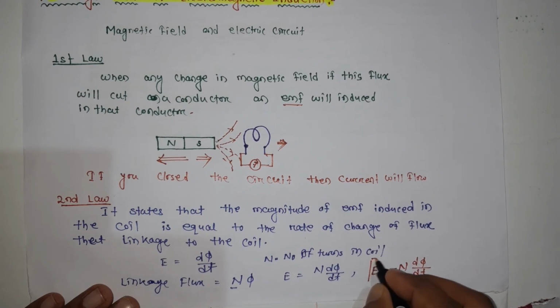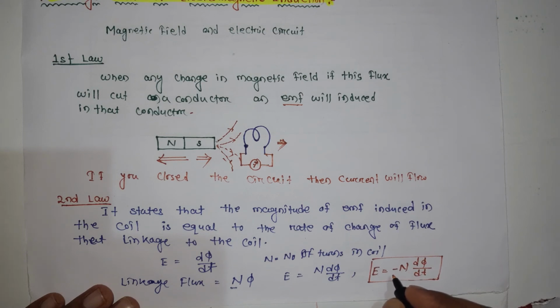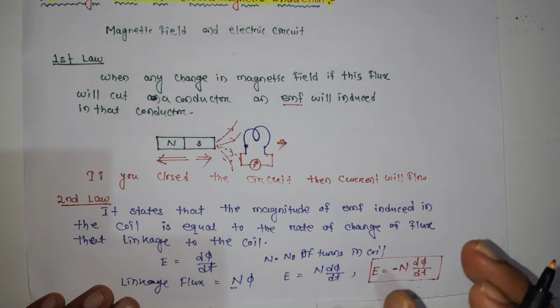This is the final derivation of the second law. Why the minus sign? This is because of Lenz's law. We will discuss later what Lenz's law is. Lenz's law is the opposition of the cause.